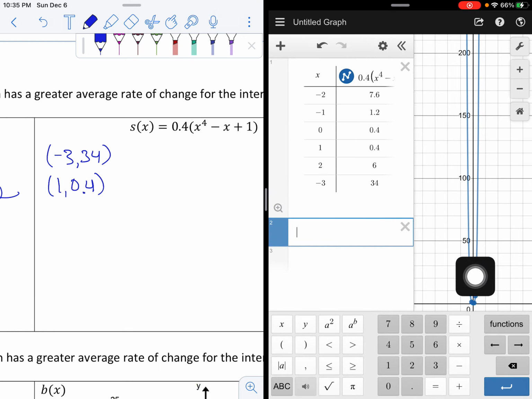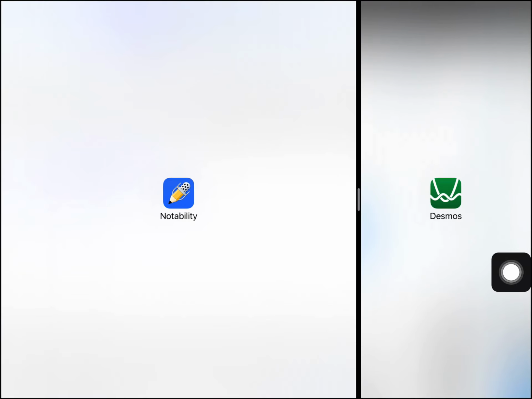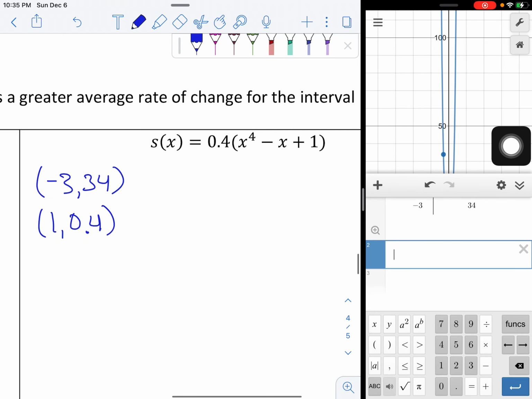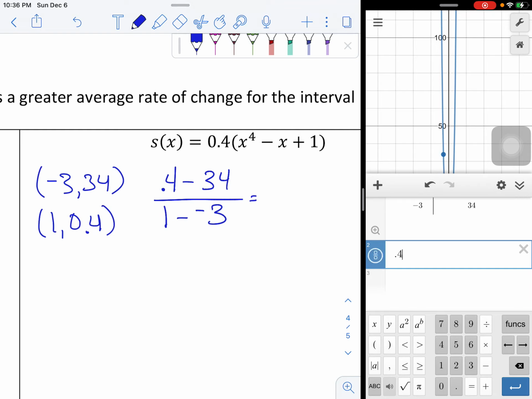All right, now I'm going to tap into the next little section of Desmos down here, because I'm pretty sure I'm going to be using Desmos as a calculator. So second y value, 0.4, minus my first y value, over second x value minus my first x value.